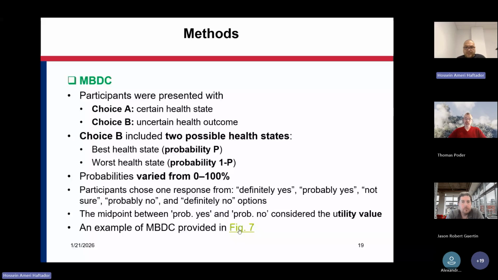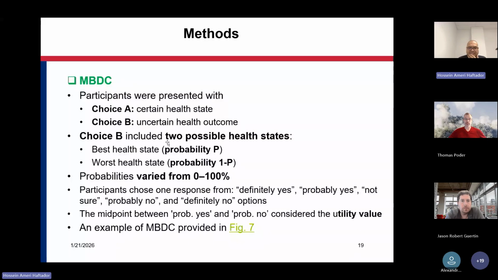We have an example of multiple bounded in figure 7. We have two choices, choice A and choice B. Choice A is fixed, choice B is variable. We change choice B, we change this value and this value, and ask them to answer for every new presentation like this.